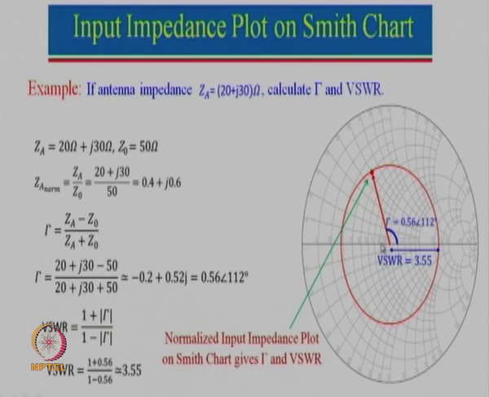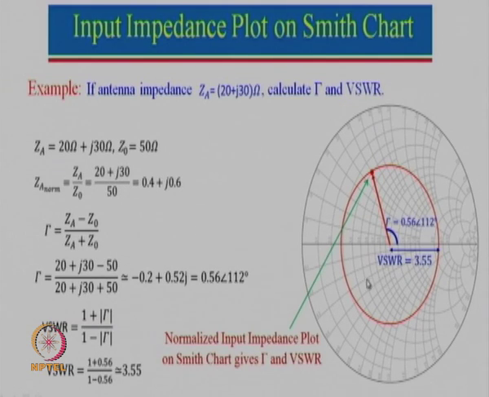Now, all you do after that is take the central point and draw this circle, and wherever this circle cuts the real axis, that is actually known as the VSWR. So, at this point here, just read whatever the value is, and that value will give us 3.55.